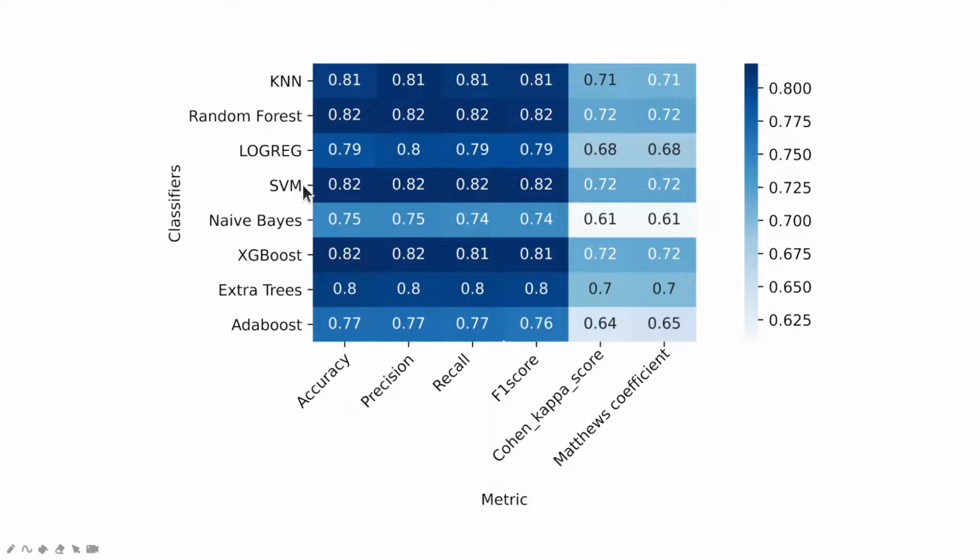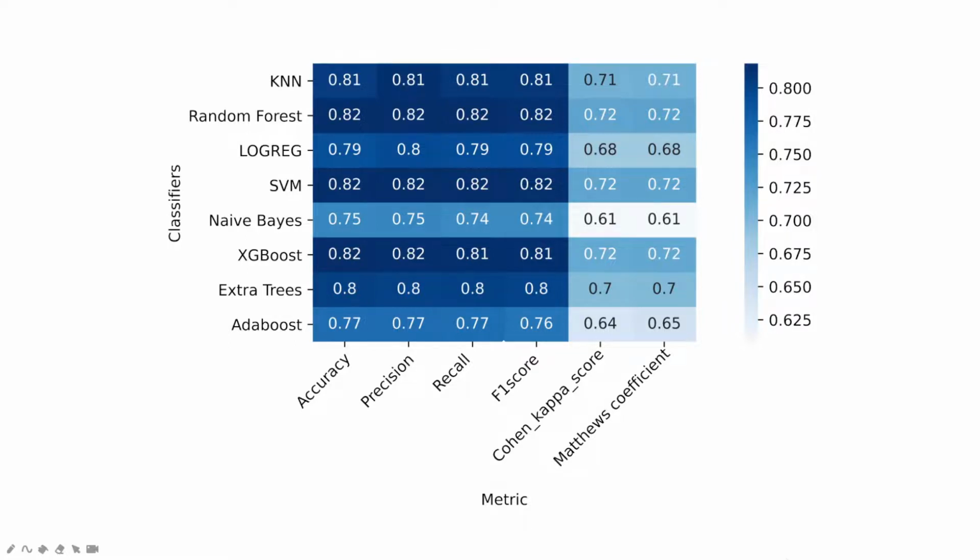That is what we have from this heat map if you look at all the metrics. The worst performing classifier, the one that had low scores, was naive Bayes. So using the heat map, it becomes easy to visualize and also compare the performance of the classifiers. That is one good thing about using heat maps.